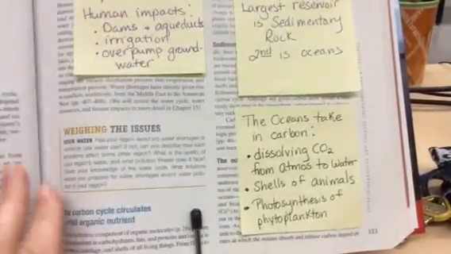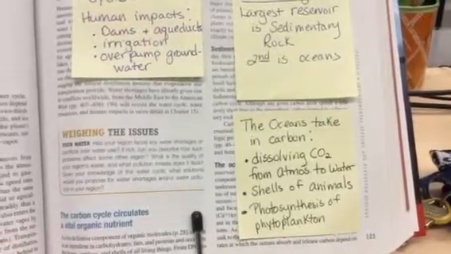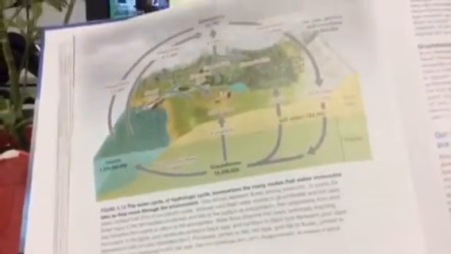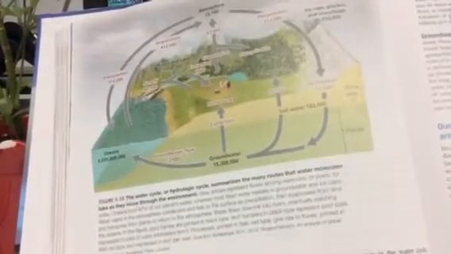All right, so we're going to turn to page 120. On page 120, we have a picture of the water cycle, and the water cycle is somewhat easy. Let me go ahead and fix my page. There we go. You've been studying the water cycle for a lot of years, so it shouldn't be anything too challenging for you.